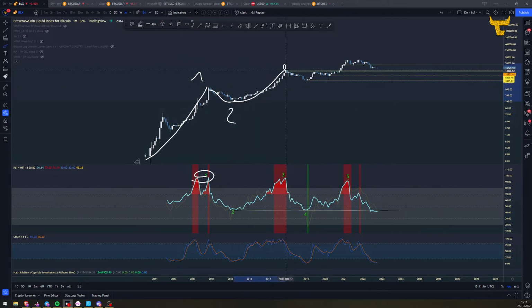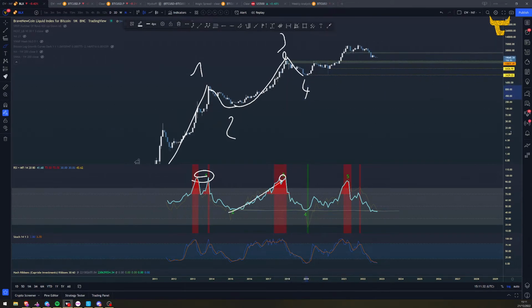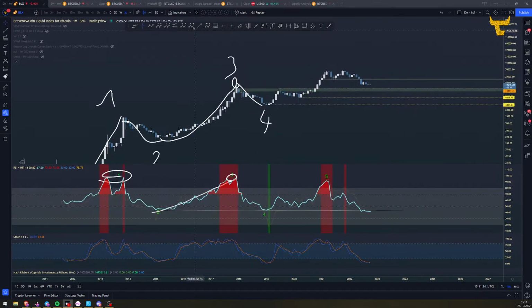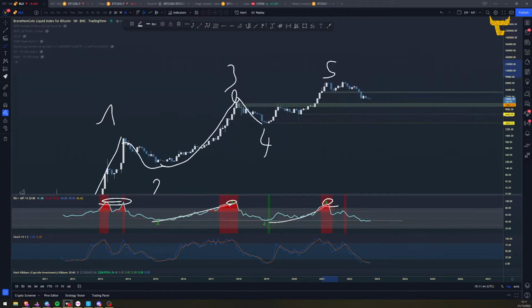Then we have this bull run reaching again overbought for microwave 3, reaching the same low level, a bit below 50, for what I believed to be microwave 4. Now, if we follow this, that means that this wave is enough to print a fifth macro, which would mean we finished 5 waves up.